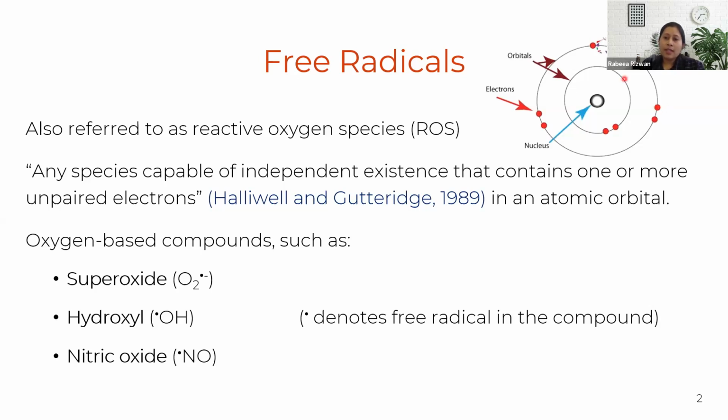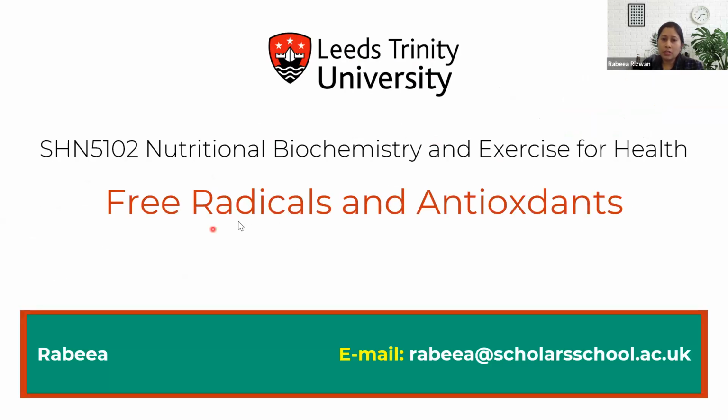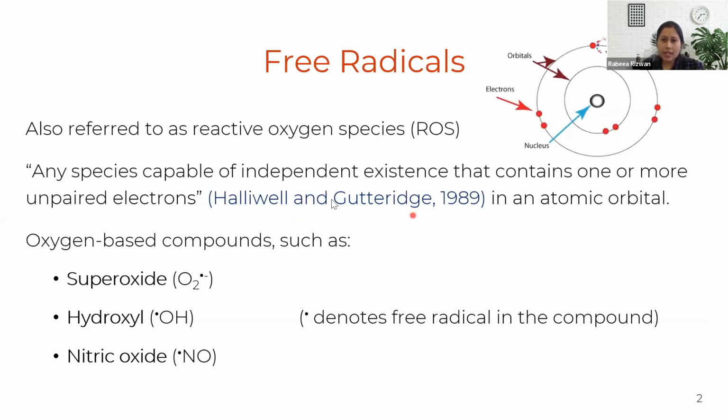An atom that contains unpaired electrons, either one or more, is called a reactive oxygen species, or we can say an oxidative free radical, or oxidative stress. This is the proper definition of oxidative stress, free radical, and reactive oxygen species.